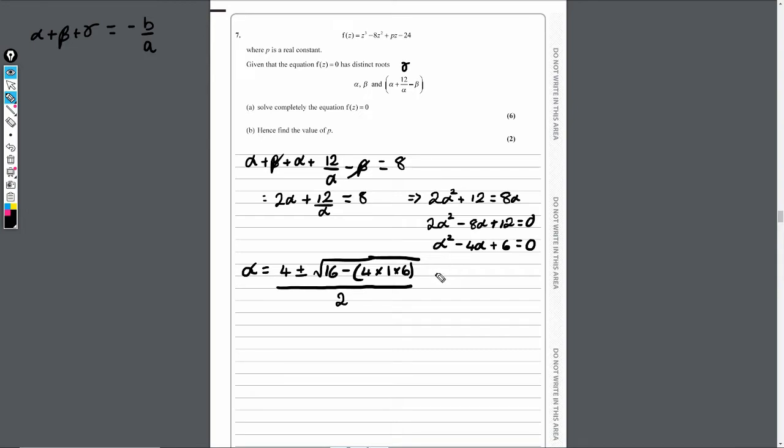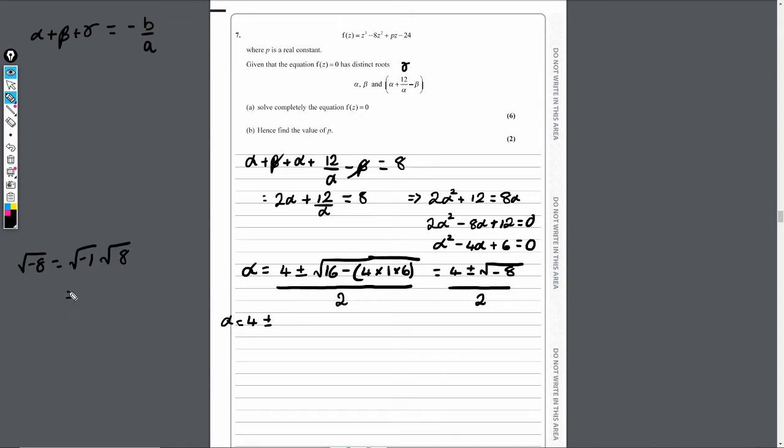So let's keep simplifying here. It's going to be 4 plus or minus the square root of 16 minus 24, which gives the square root of minus 8, all divided by 2. If you're unsure how to simplify the square root of minus 8, you can split it into two square roots, the square root of minus 1 and the square root of 8.